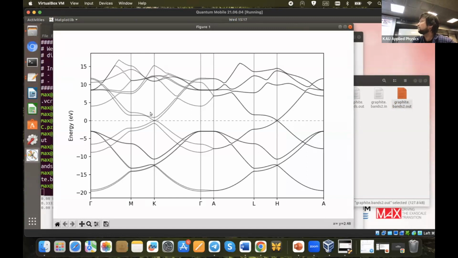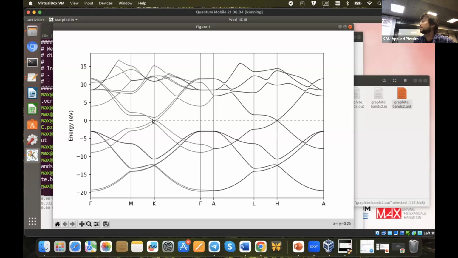I chose graphite, first, because it changes rather a lot during relaxation, and because it has a remarkable band plot, and it is remarkable because of these points. They are called Dirac points or Dirac cones.